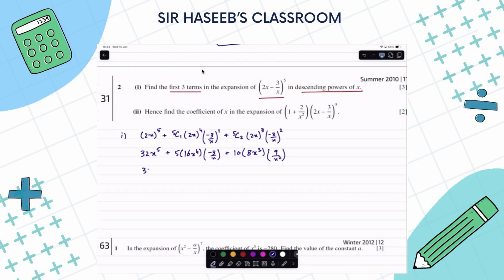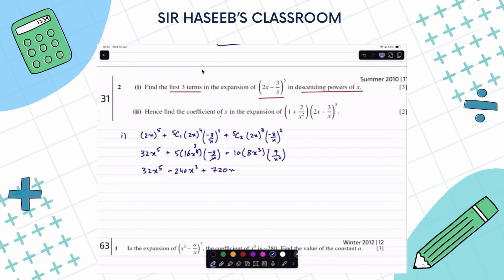So that's 32x power 5. 5 into 16 into minus 3 is minus 240x cubed. Verify this. 10 into 8 into 9, 720. Yeah, I'm getting that. Okay, perfect. So this is basically your expansion, first three terms.